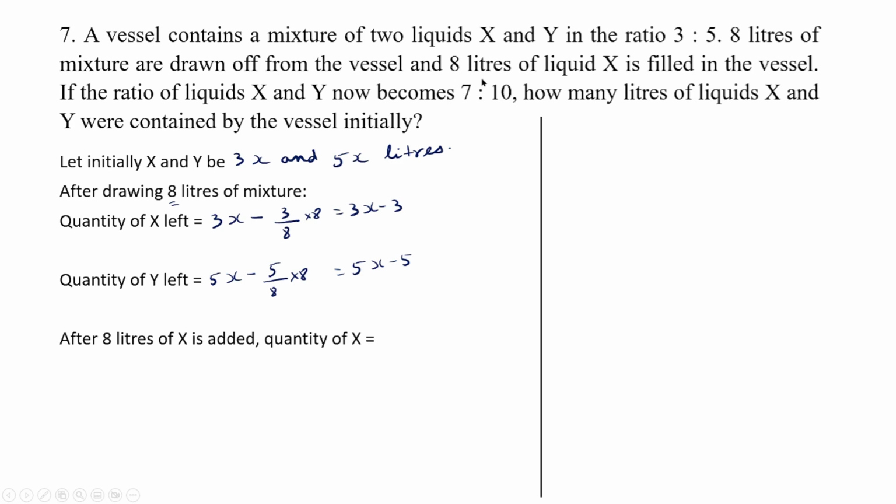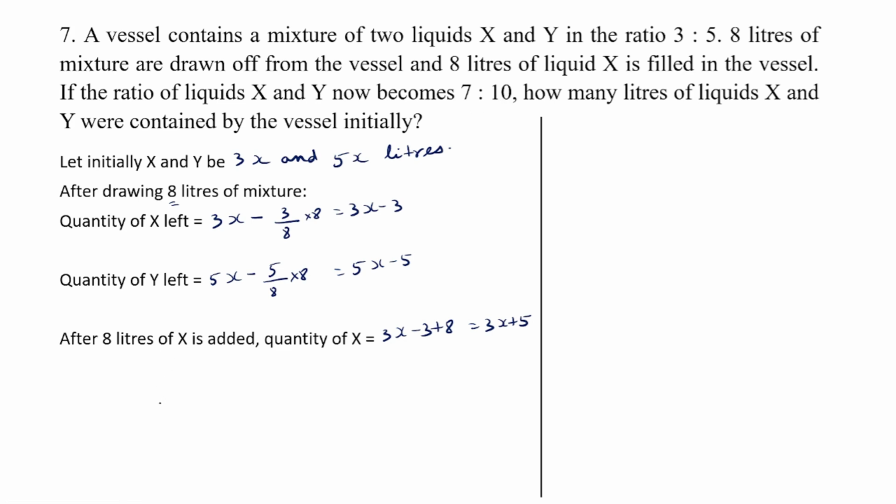And now 8 liters of liquid X is filled. So after 8 liters of X is added, the quantity of X will be 3x minus 3 plus 8. So it is 3x plus 5. Now the ratio of X to Y is 7 by 10.